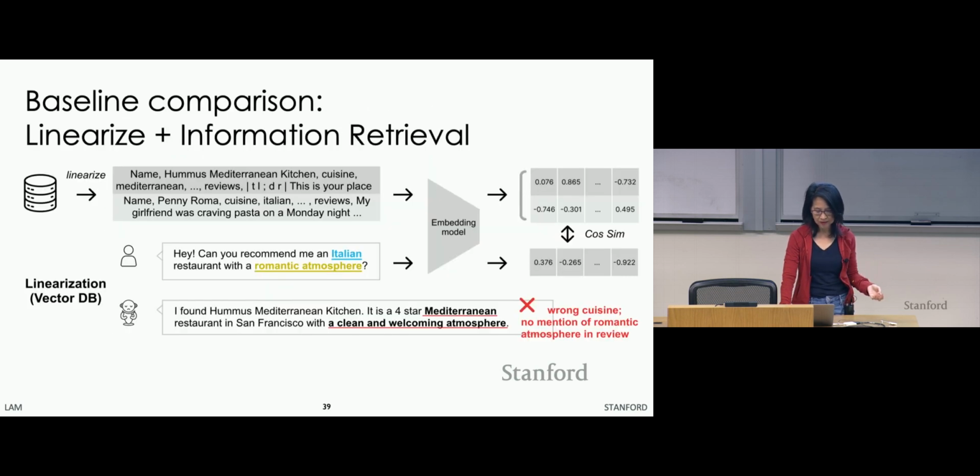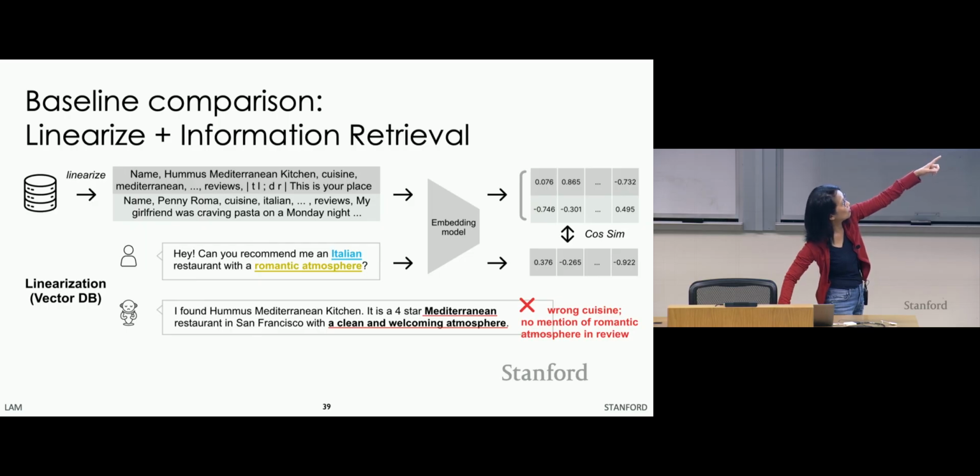The experiment has a baseline, and the baseline is to take data that has been linearized. Just to remind everybody, linearization means you take the database and turn it into sentences, record by record. Then you throw it into the embedding model, which is the IR, and match the question.